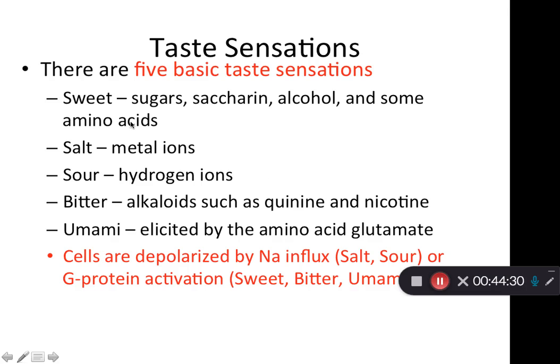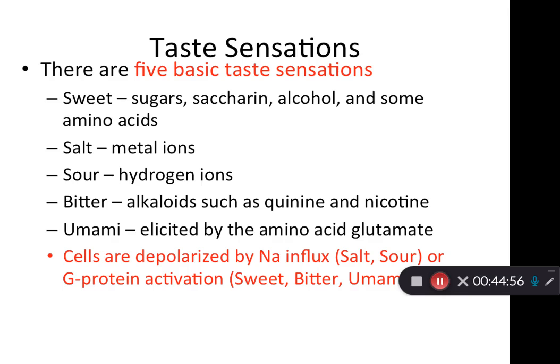For example, in the market, we have the Diet Coke, or the low calorie drinks. Those drinks don't contain sugars. However, those drinks taste sweet. So why?